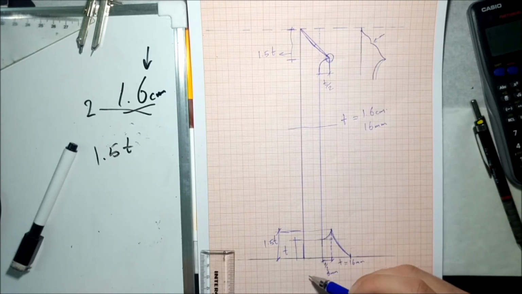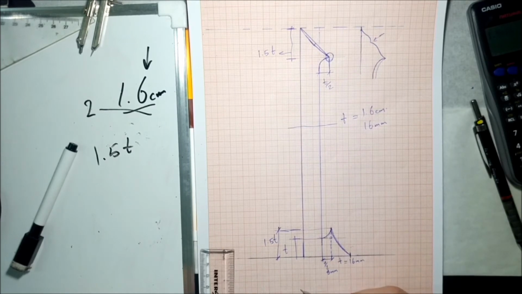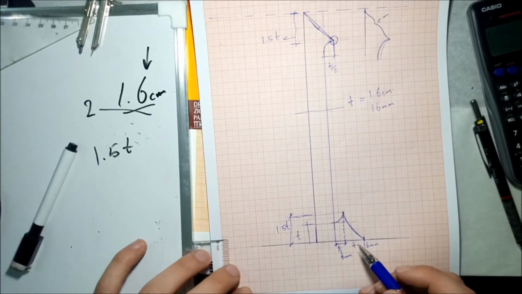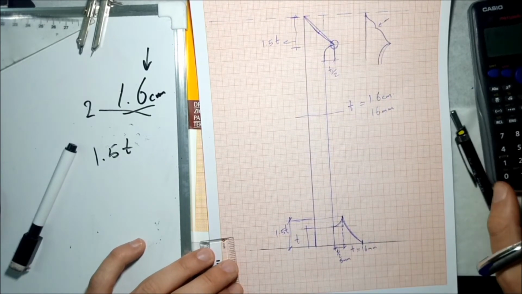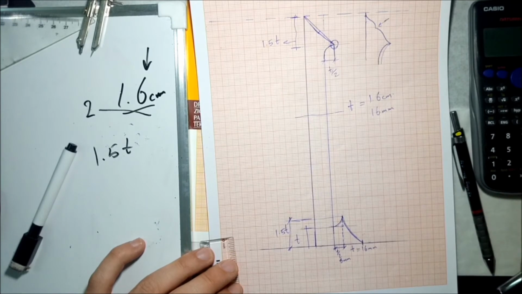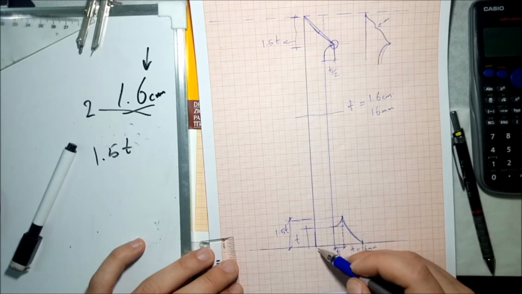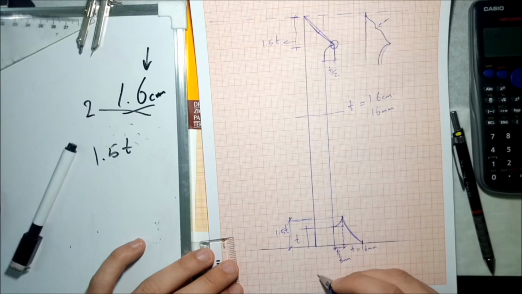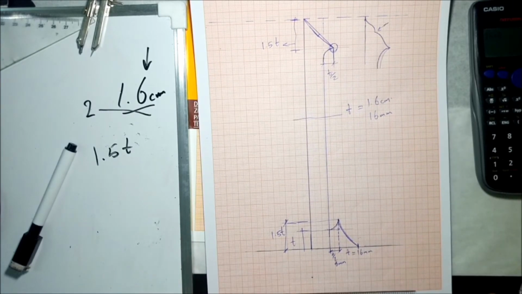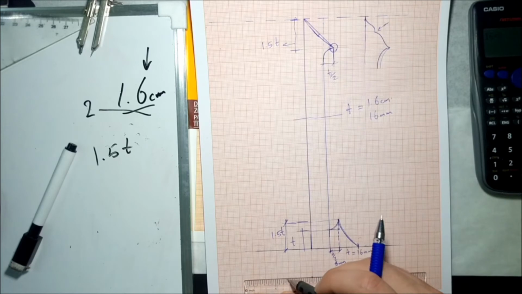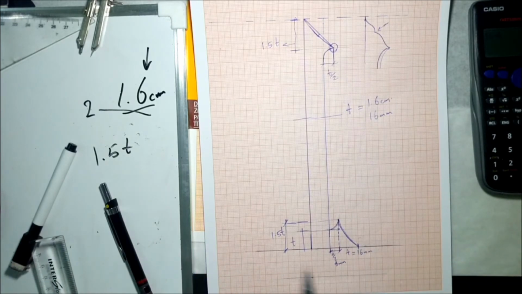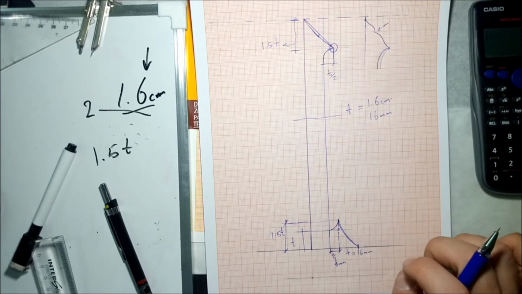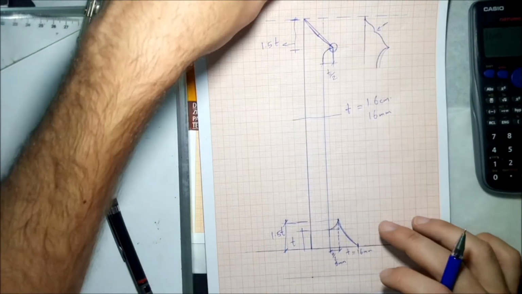Now, the lower part, the maximum drop you can go for would be 1.5 thickness. So that would be 16 plus 8, 2.4 centimeters. So this line would be your maximum limit to go down and drop the Alef to it.